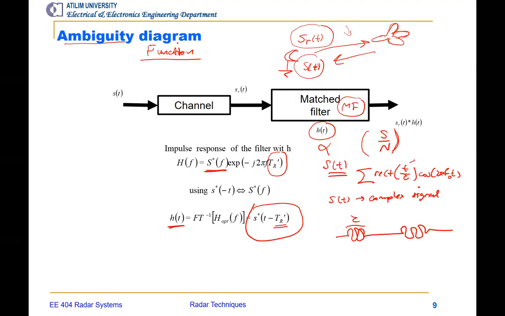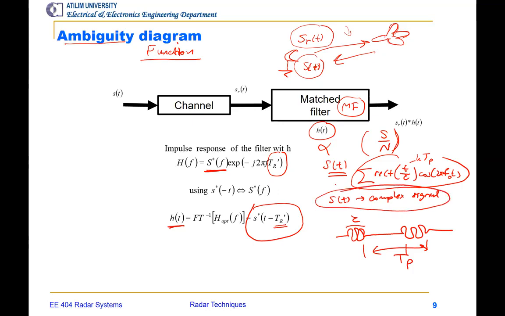So we just write here, let's say, k times T, where T_p is the PRI. So we can write a summation of rectangle times cosine when this is the real signal. But actually, in most radar systems, s of t is a complex signal, not a real signal. So we talk about complex conjugating here.